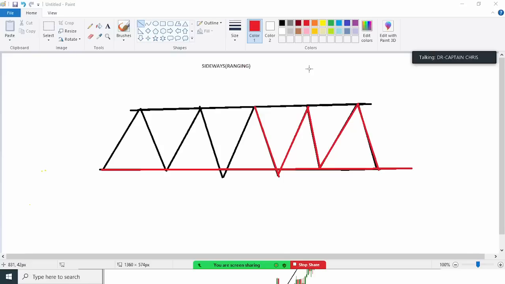Say Mr. Chris mentioned only the captains and said this market is called the captains. He has confused you, but the right name is ranging. In this market you can see higher and lower lows because it is moving at the same level, top and down.